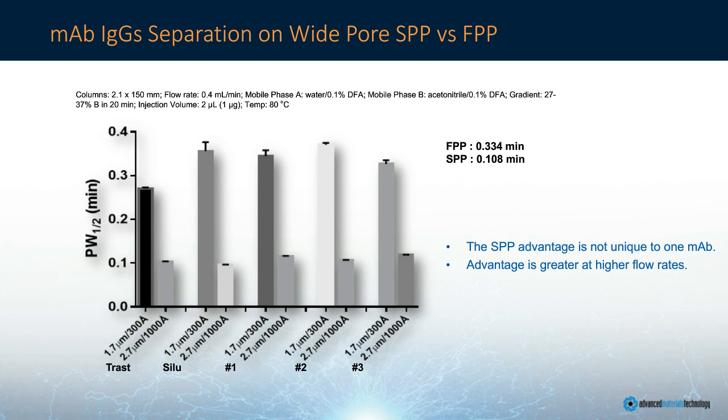In each case, for trastuzumab, ciliumab, and 3 other antibodies that were obtained through a collaborator, the peak width at half height is exceedingly lower in every instance on the 1,000 angstrom material versus the fully porous 300 angstrom.